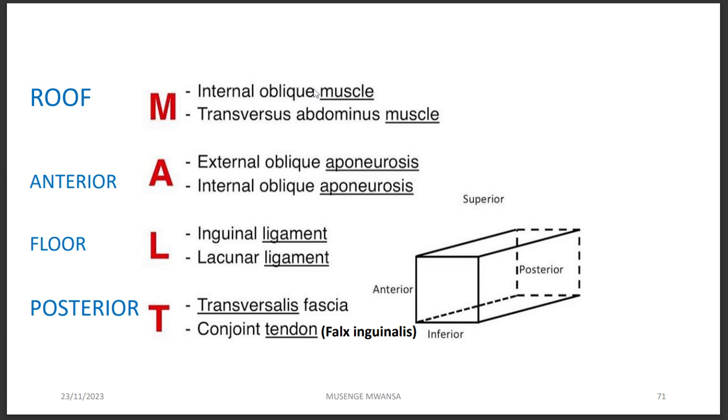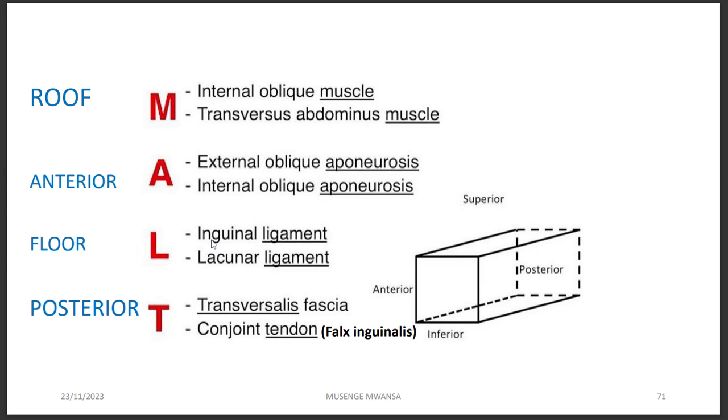It does not form the roof. Just these two muscles. Anterior wall in front, that's where we have the aponeurosis of the external oblique and also the aponeurosis of the internal oblique, which are just next to each other. Those are the ones which will be in front as the anterior wall.